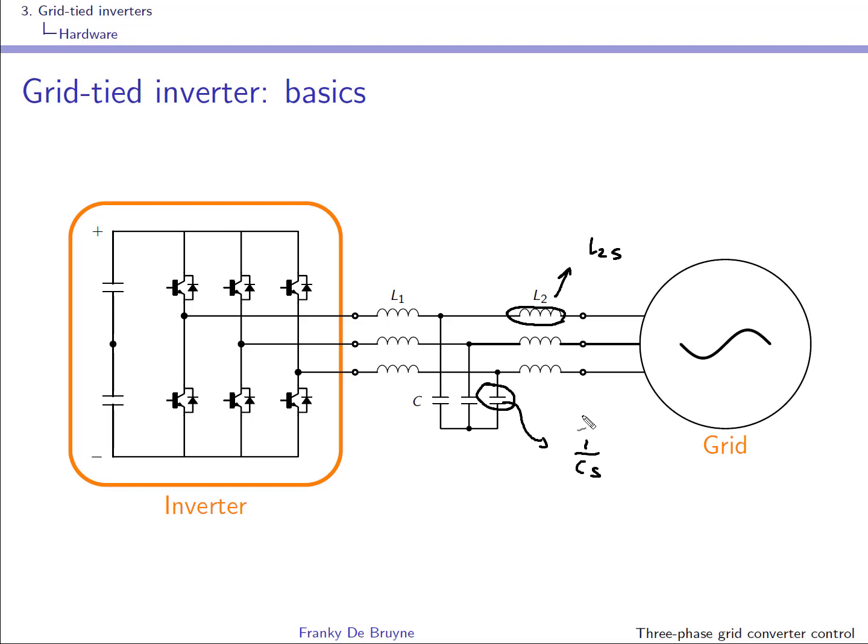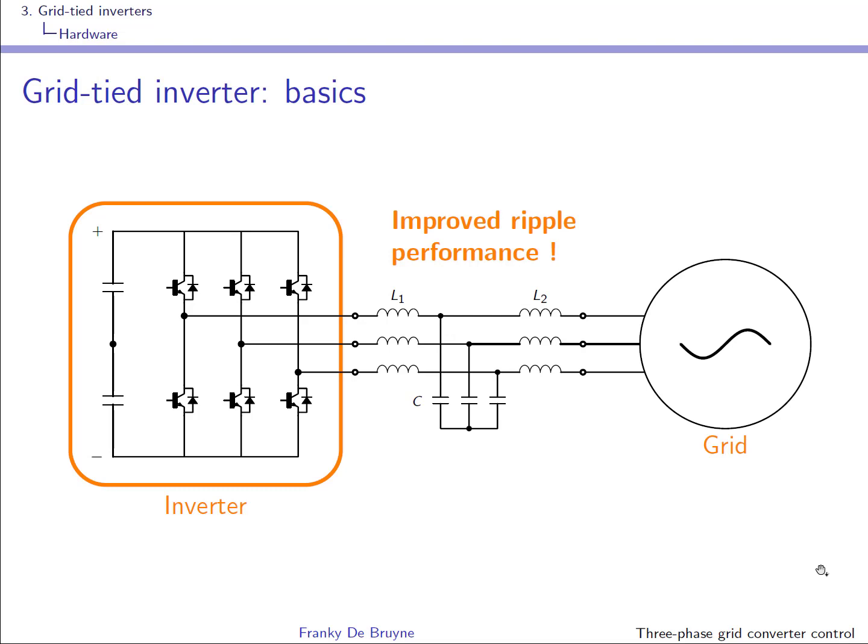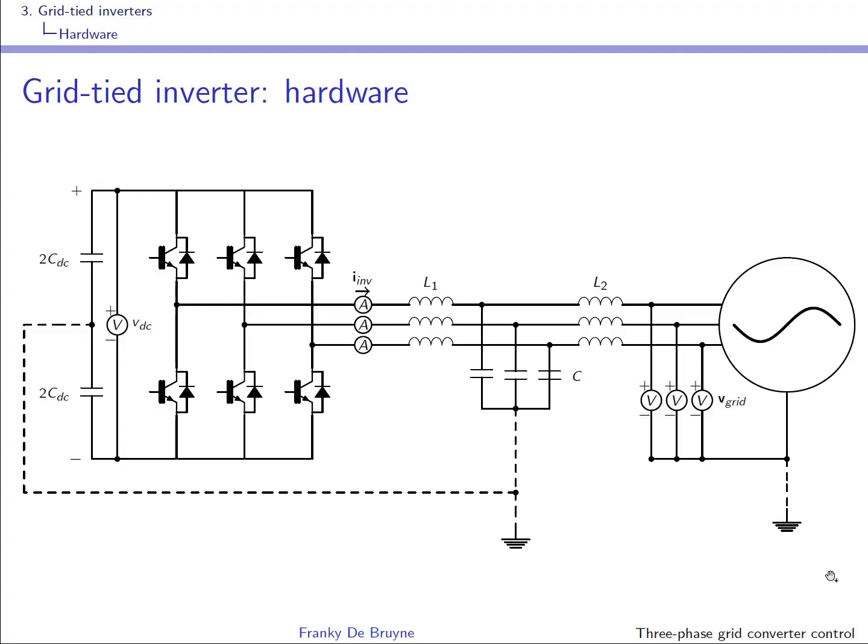So the ripple, which is at the switching frequency, predominantly will go this way. This filter here, LC, will act as a filter, and the ripple that is going to be sent into the grid will be much smaller. So connecting the inverter to the grid through this LCL filter will improve ripple performance.